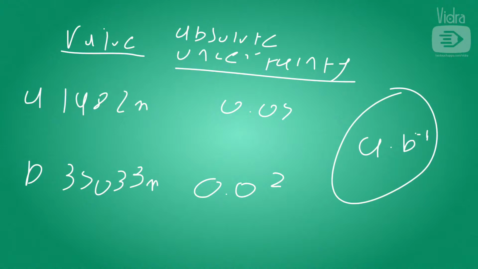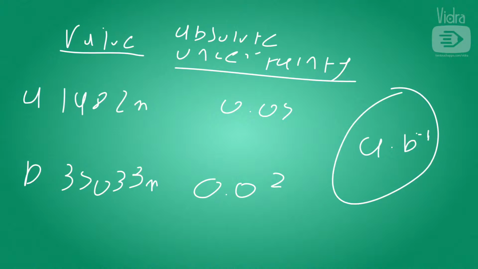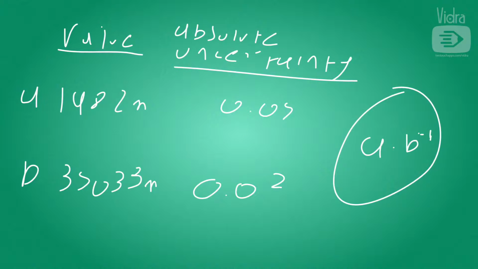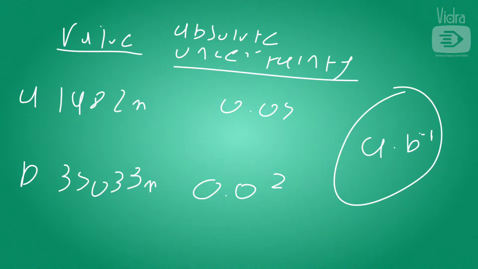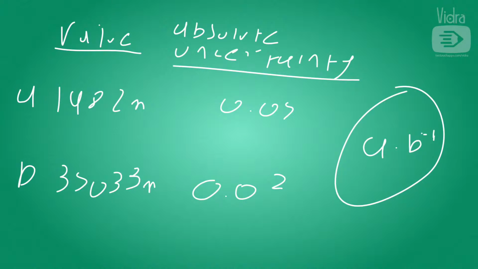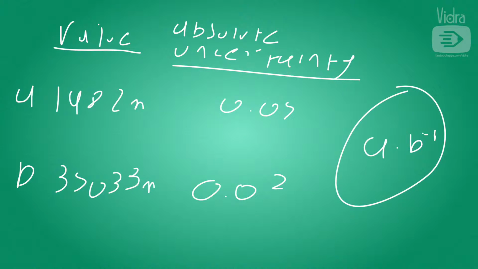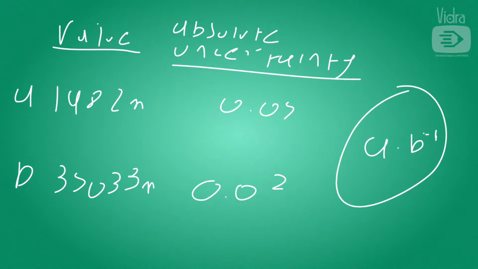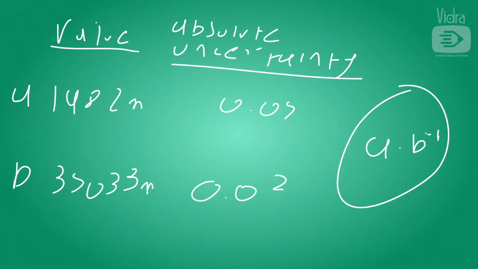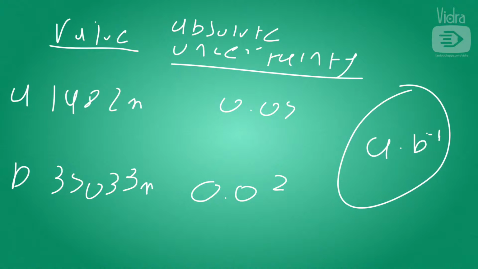To start, they are asking us to multiply A times B minus 1. They are giving us these values. The value of A is 1982 meters, and its absolute uncertainty is 0.05.